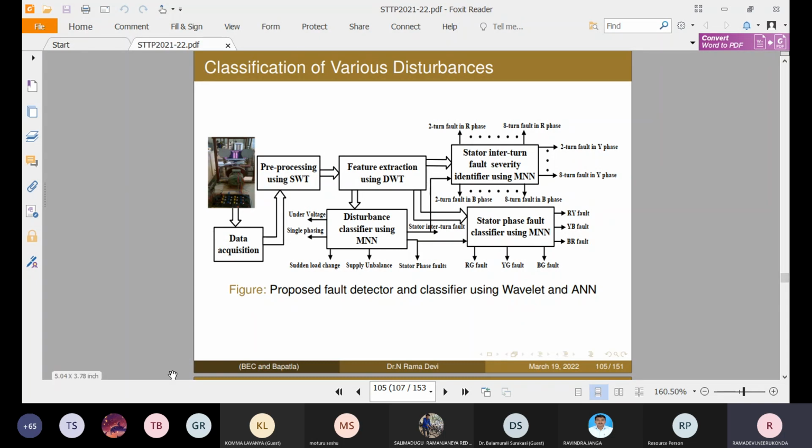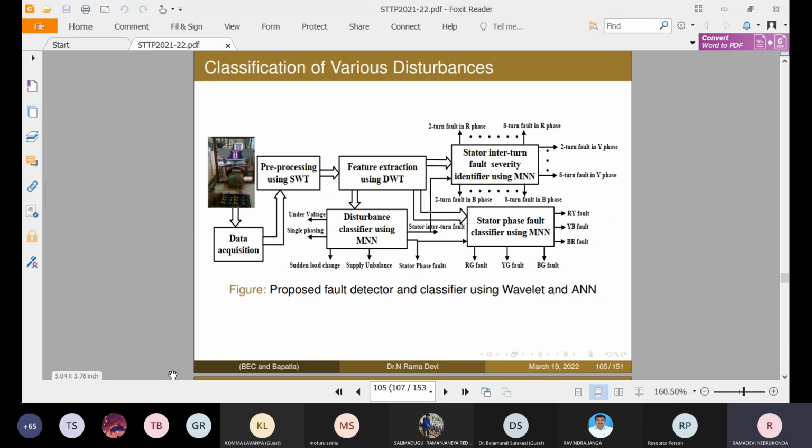Disturbances like stator interturn faults, stator line to ground faults, stator line to line faults, and then again which phase is involved in that disturbance. Such information we get by using the classifiers.